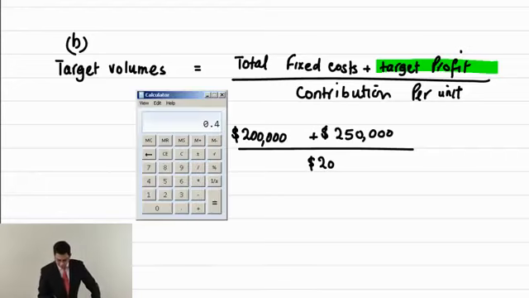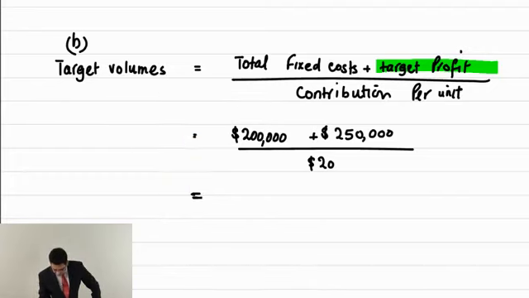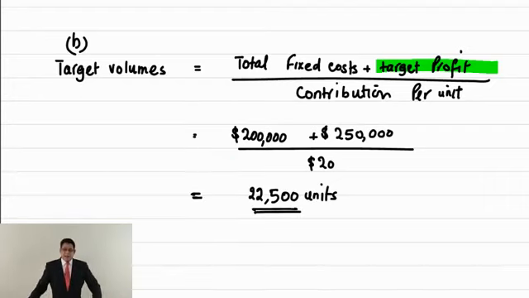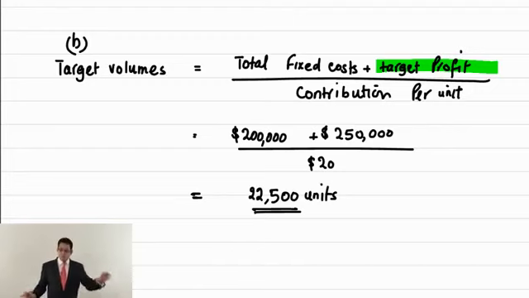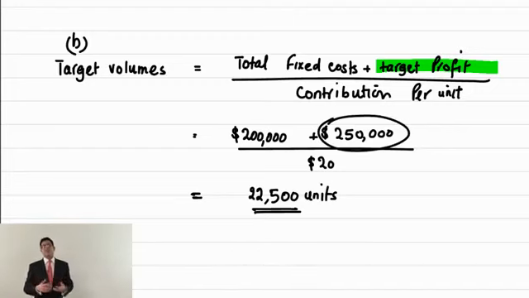So here we go, 200,000 plus 250,000, 450,000 divided by 20, which is 22,500 units. If company sells a total of 22,500 units, company will not only achieve the break-even, and after the break-even, they will also make a profit of $250,000 as well.